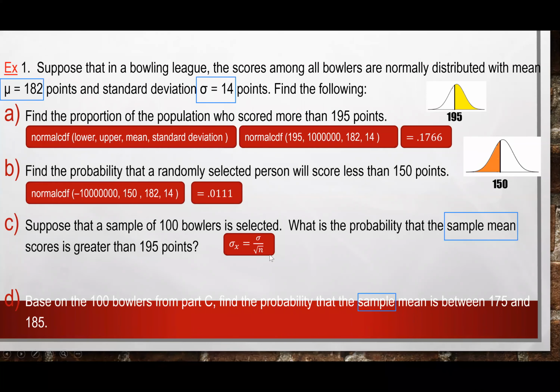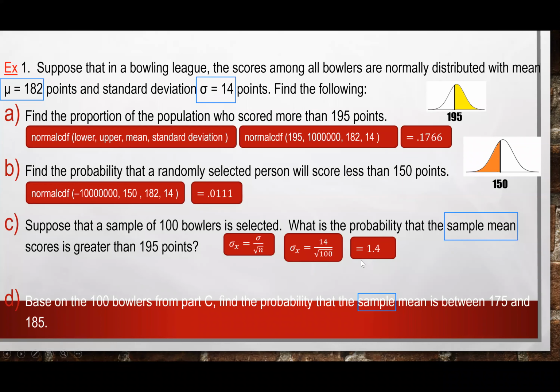This is your adjusted standard deviation, or the sample standard deviation, where n is my sample size of 100. So I have 14 divided by the square root of 100. The square root of 100 is 10, so 14 divided by 10 is 1.4, right?